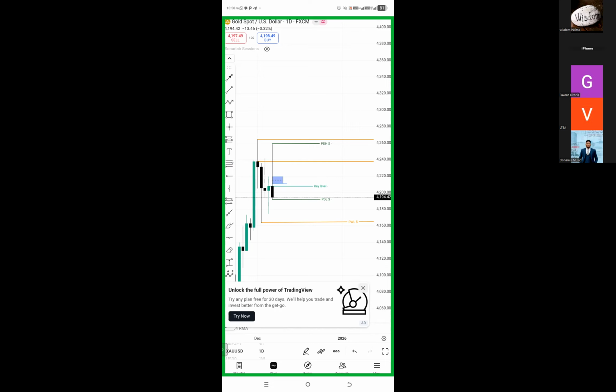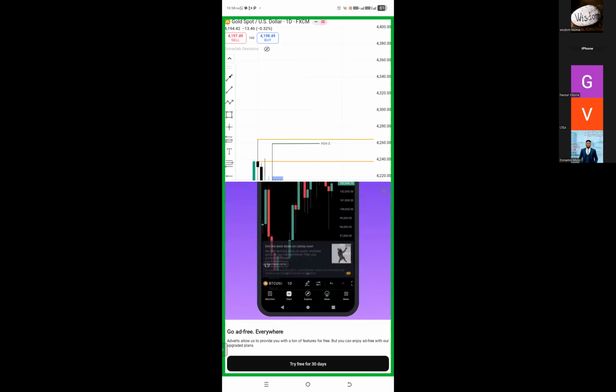And for this sell, you have to have the levels for price to come to, for you to be able to sell this market back down again. Those are the levels you want to be looking at.